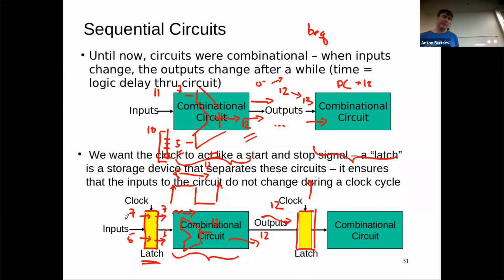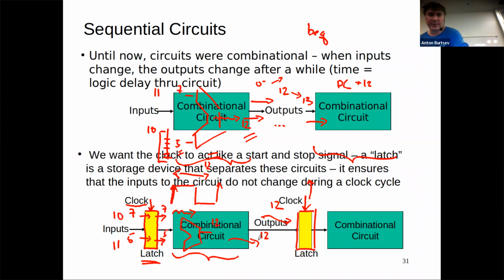In the next cycle, when this changes to 10 and 11, it only changes on the rising edge of the clock. The clock is provided as input to those memories, so the clock doesn't play a role inside the combinational circuit. It's only essential for those memories, which, when the edge goes up, will remember the new input.